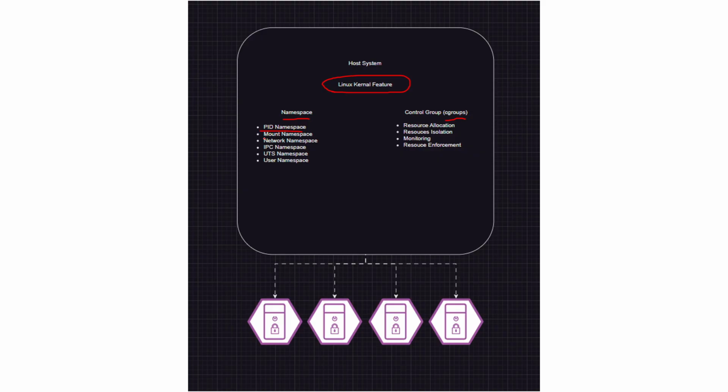This allows processes inside a namespace to have a unique set of process IDs, which is PID, making them unaware of the processes outside the namespace. So PID namespaces are the basics of process isolation in terms of containers. That kind of process isolation is provided by your kernel feature called namespace.